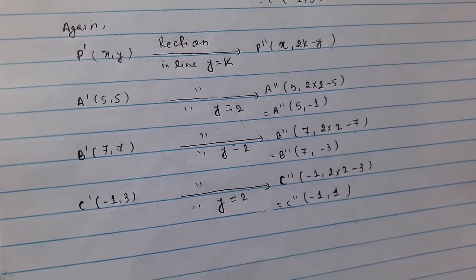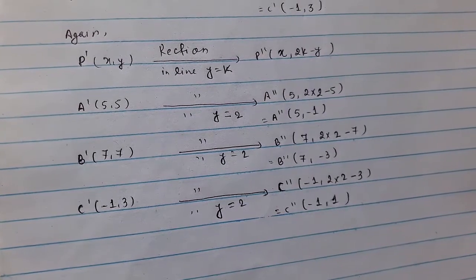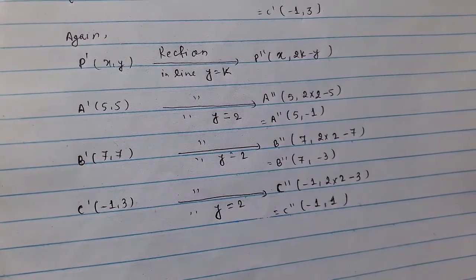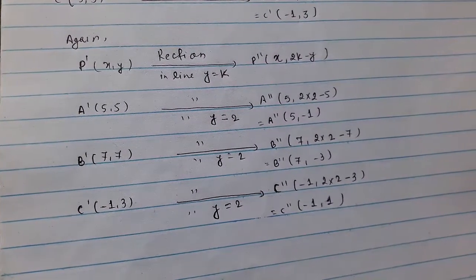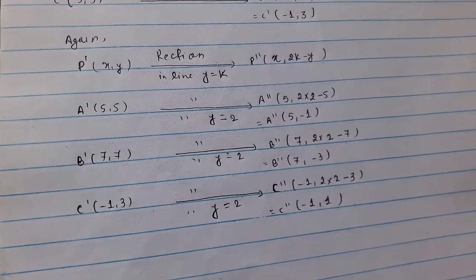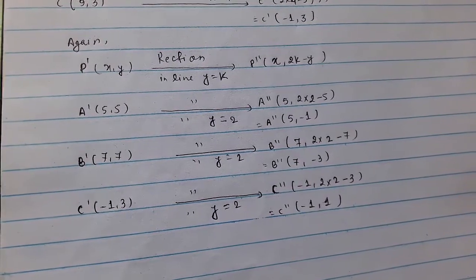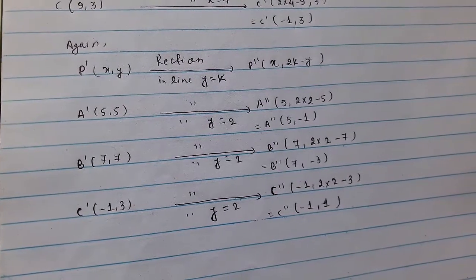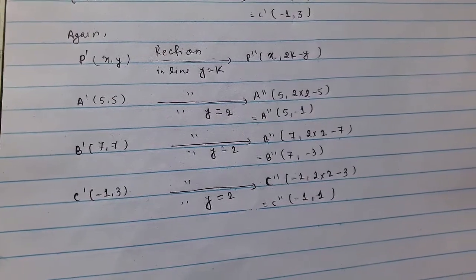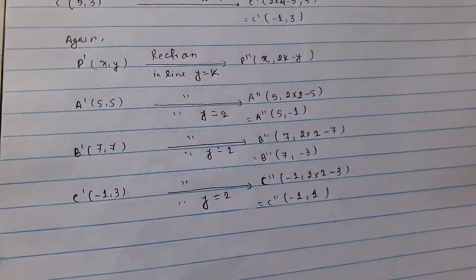If those axes of reflection intersect each other, then the combined transformation is a rotation, and for rotation we need the angle of rotation.